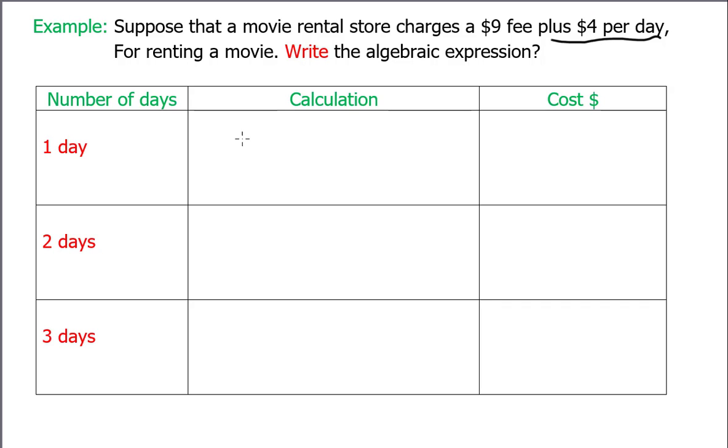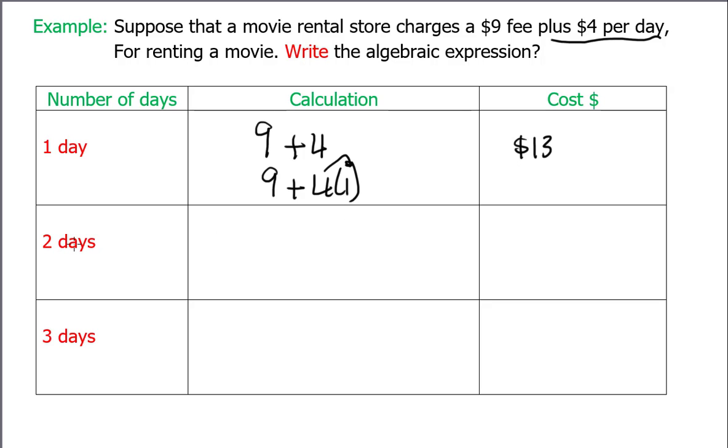Let's say they rent 1 day. You will pay $9 plus 4 times 1 day. 4 times 1 is 4, then 9 plus 4 is $13.